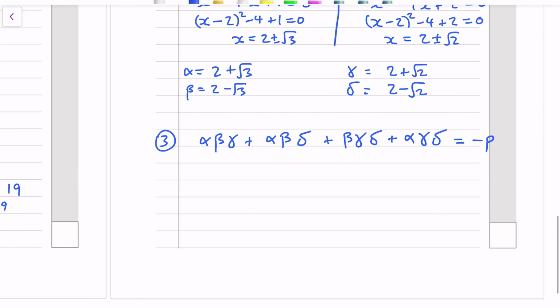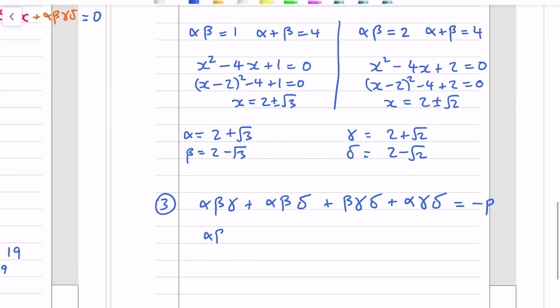And I already know the values of alpha, beta, gamma and delta, but rather than substituting all 4 of these in, because it's going to be real tedious, I just factor this out and use the equations I've already got, because I know that gamma plus delta and alpha plus beta is 4 from way back at the start.